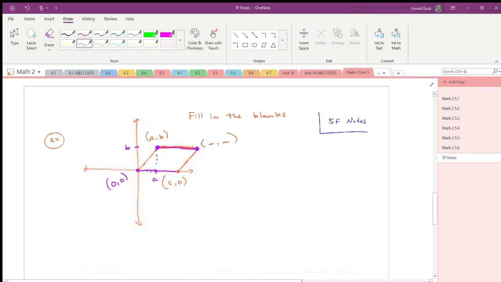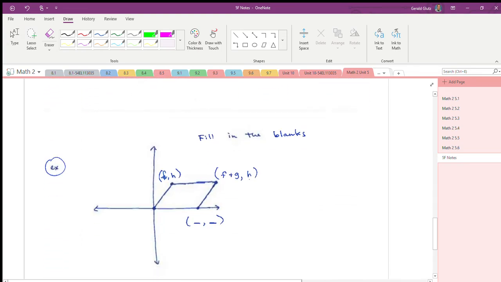So this length is C because we went right C. So if this distance is A, and this distance up here is C, this point has to be at A plus C. And then the height, these two are at the same height. So if we went up B here, we're also going up B. So our ordered pair would be A plus C, comma B. That's a little trickier, because we have to add two things.